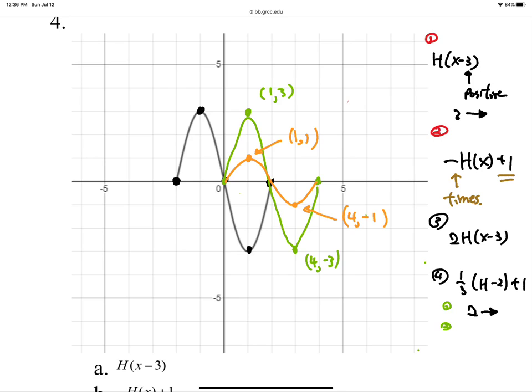And then next, last step. +1 means 1 up. So now everybody moves 1 up. So all the points get moved 1 up.